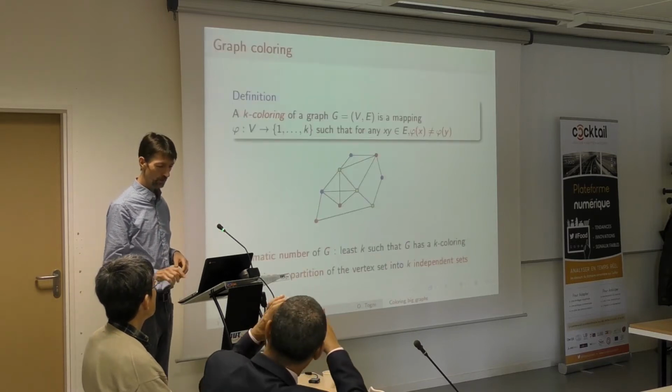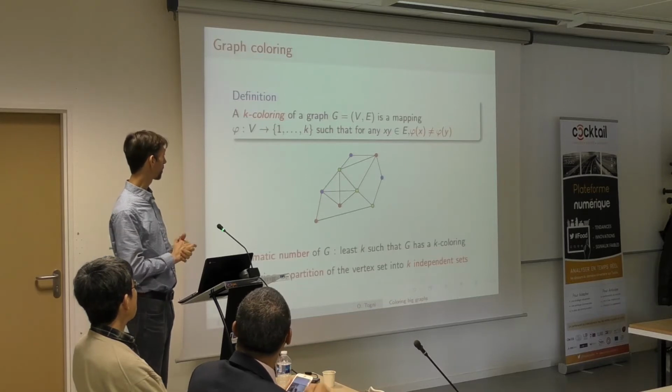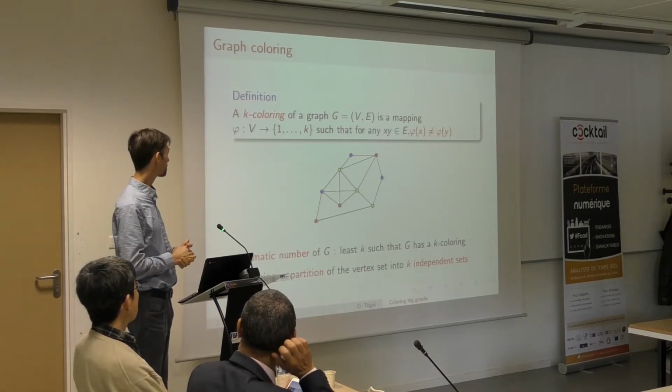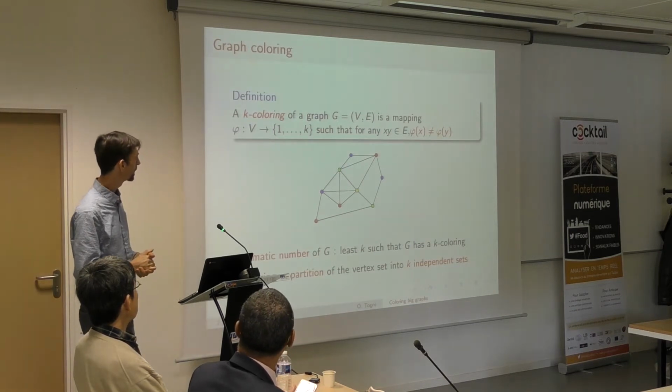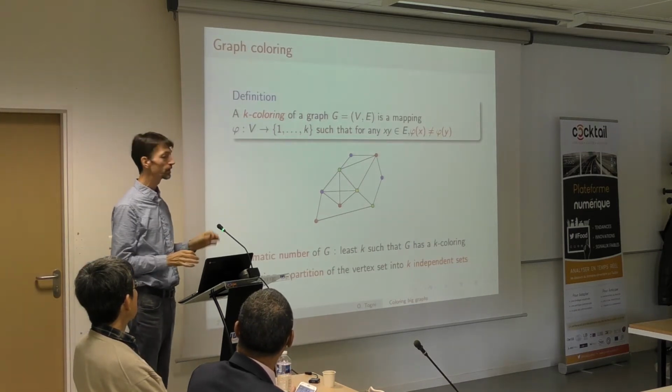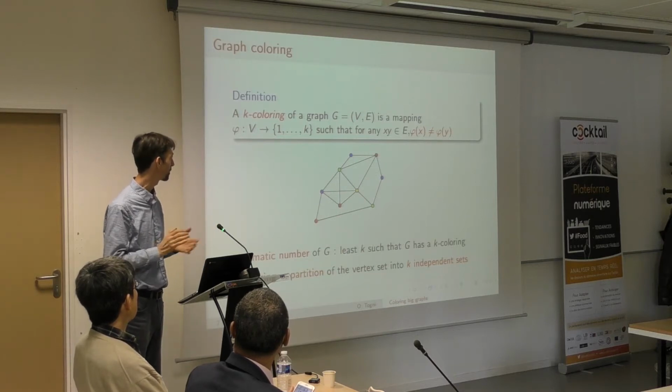So first, I will recall what graph coloring is. Probably most of you know the definition. It's quite a classical problem in graph theory. You have an undirected graph, and you want to give a color to each vertex in such a way that if two vertices are adjacent, they must have different colors.